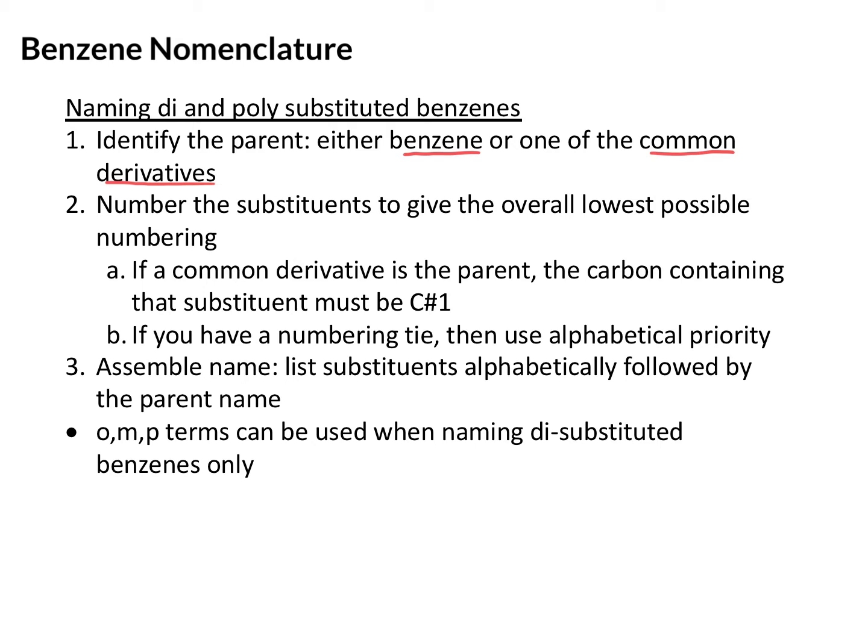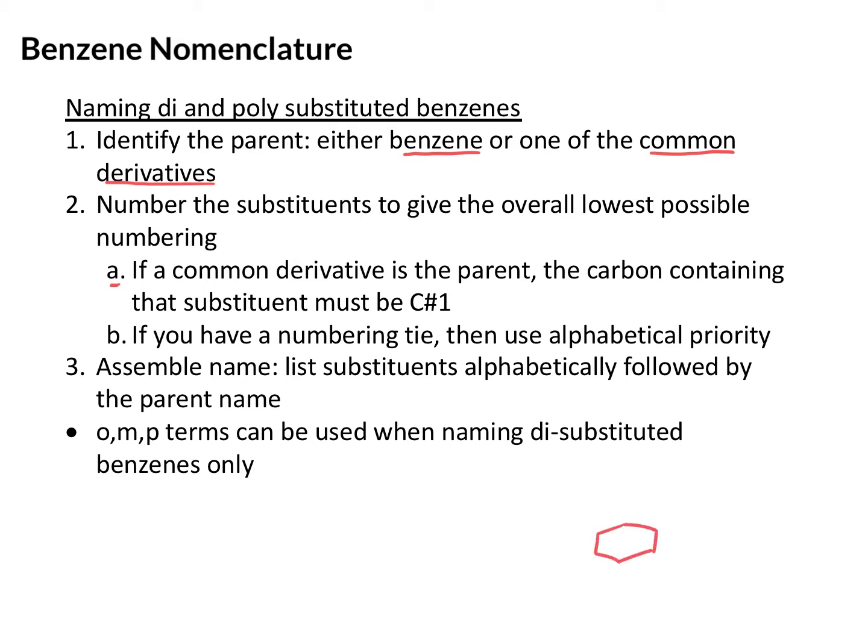Step 2, we're going to number the substituents to give the overall lowest numbering, which is something we commonly do with rings. There is a caveat here. If one of those common derivatives is your parent, the substituent associated with that automatically becomes carbon 1.